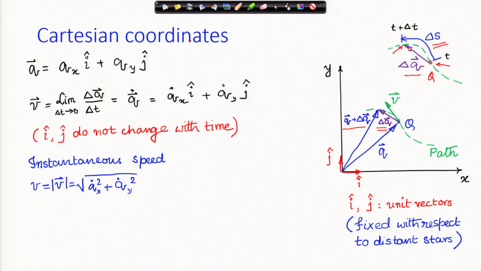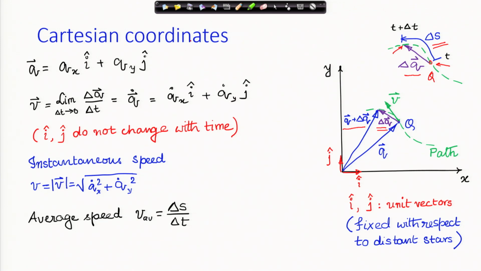So, delta s is the distance travelled along the path, please note this very carefully. Now, I define average speed as this distance travelled along the path divided by delta t.